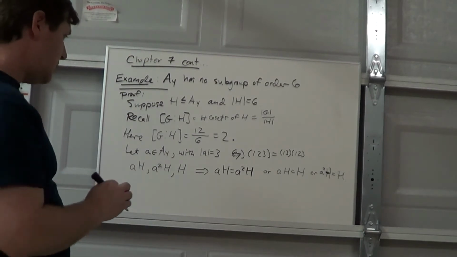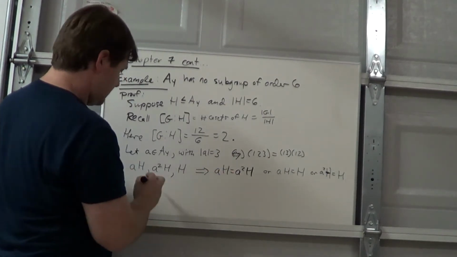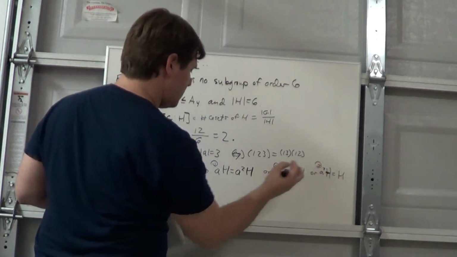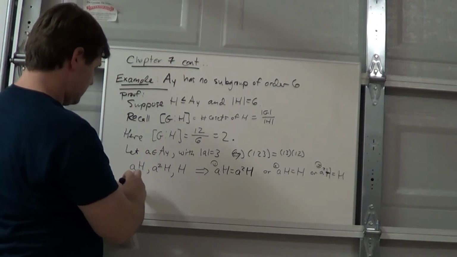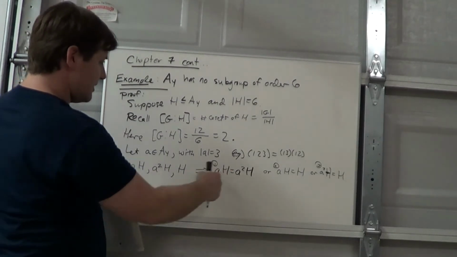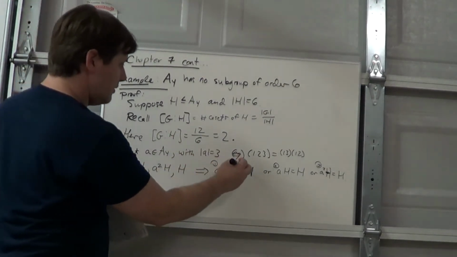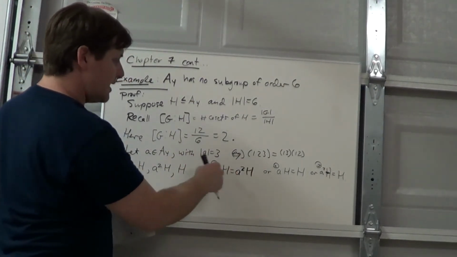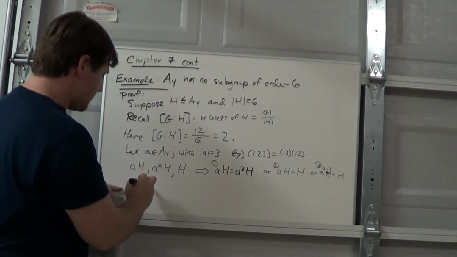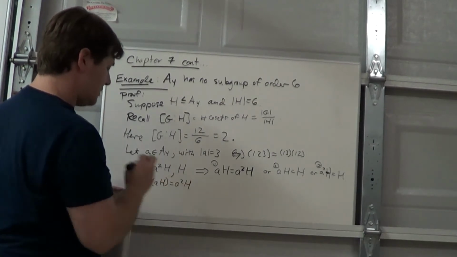Well, in the first case, this means that H is not equal to any of these, right, if there are 2 cosets, because A or A squared would be a coset representative for some other one. However, if you look, what is A times AH? That's equal to A squared H, right?